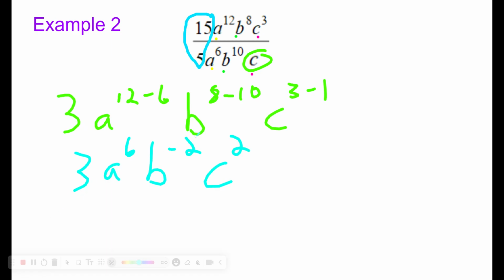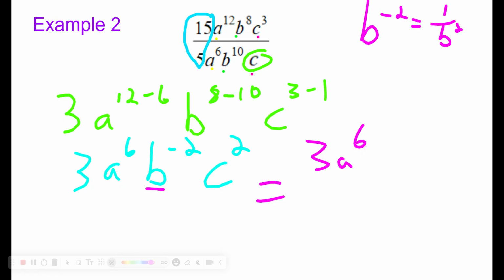Looks like we're going to need to move B to the denominator here. B to the negative 2nd power, remember that equals 1 over B squared. So our final answer here, numerator is 1 times 3a to the 6th power, c squared over b squared.